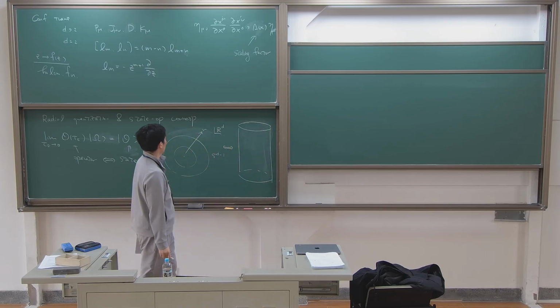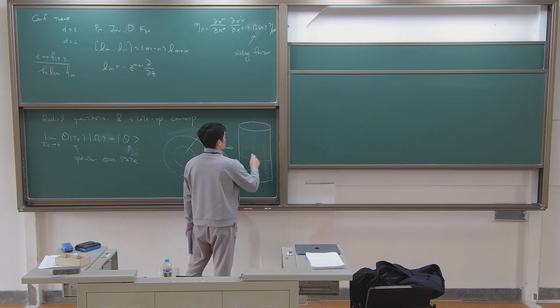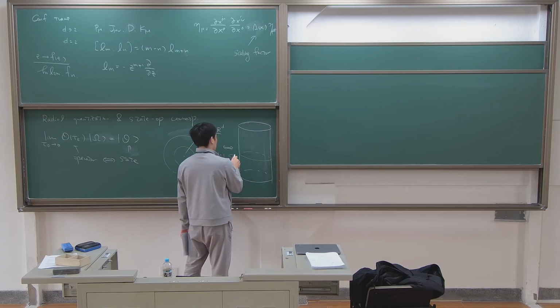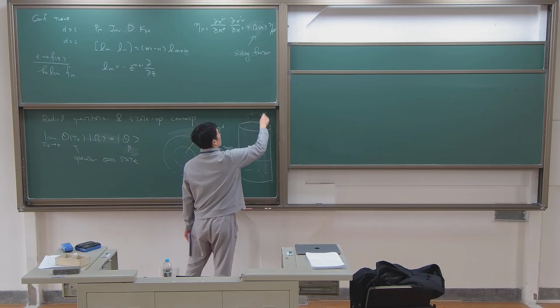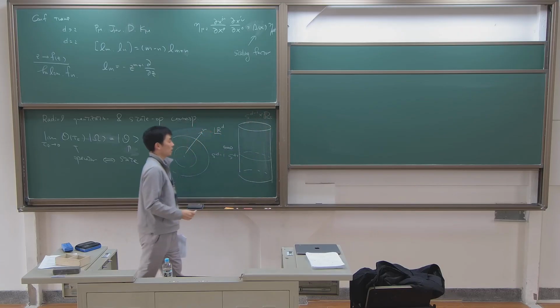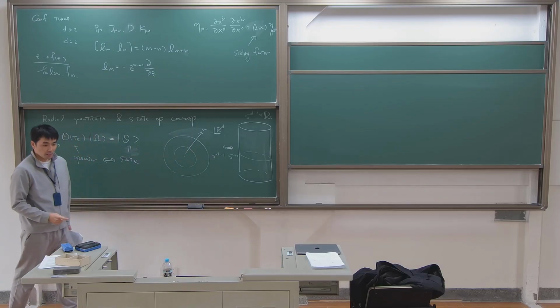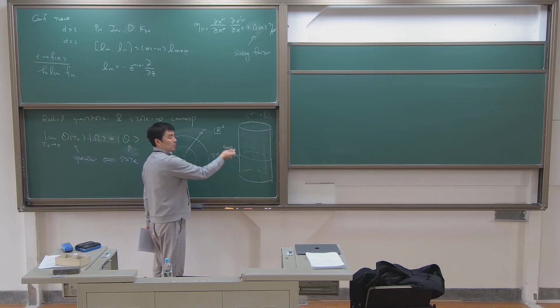Each slice is the space S^(d-1), so this is S^(d-1) plus time. And the map between them is the conformal transformation.